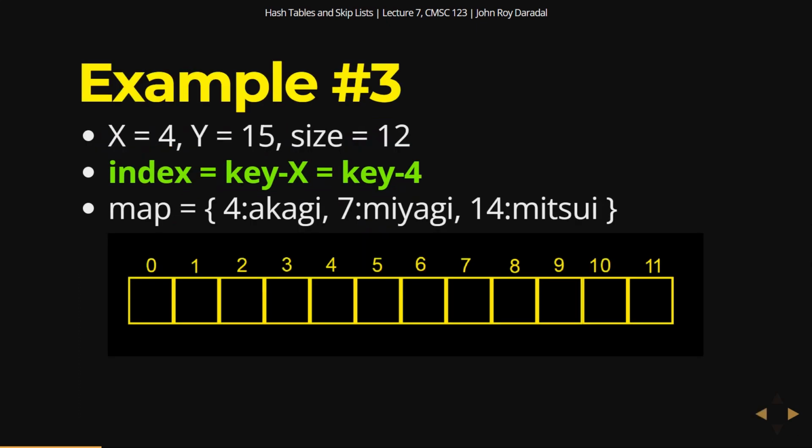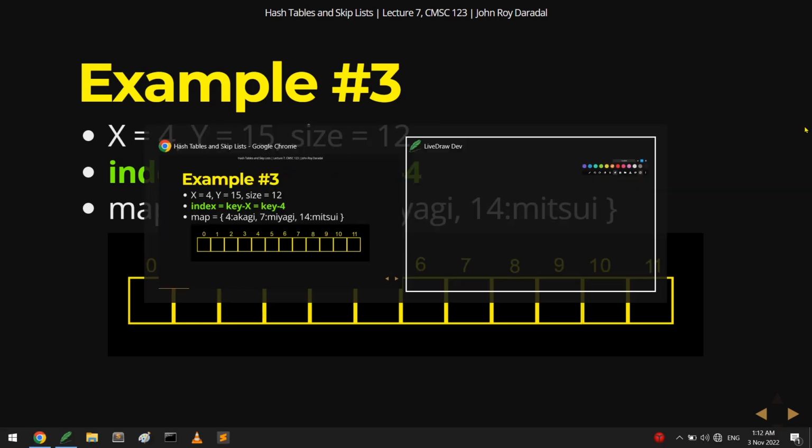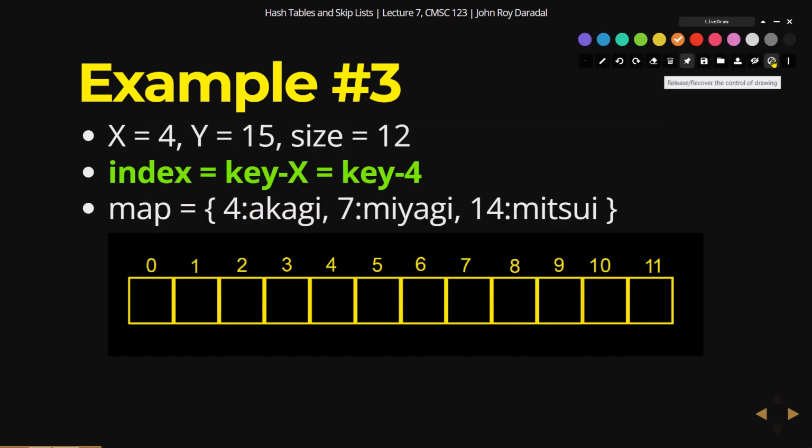So let's see an example. If it's, as we said, 4 to 15, right? And there are 12 possible keys. So the way that we'll transform the key to get the index is by subtracting the lower limit, which is 4. So that would be key minus 4. Okay, so how will that look like? For this one, these are the indices, right? Now, what are the possible keys that could be placed here?